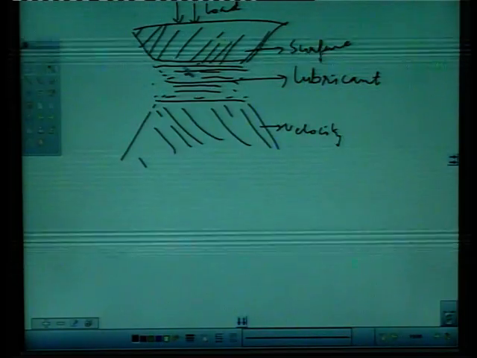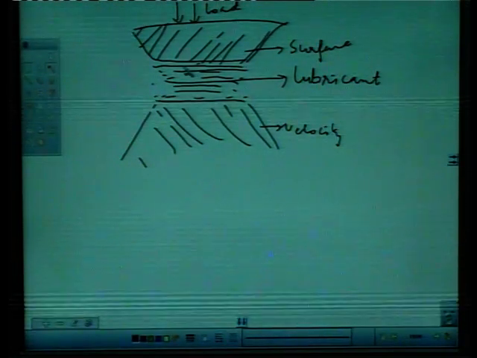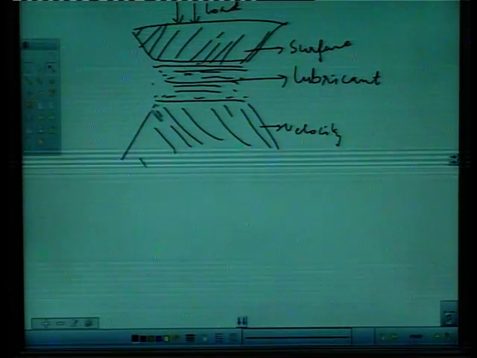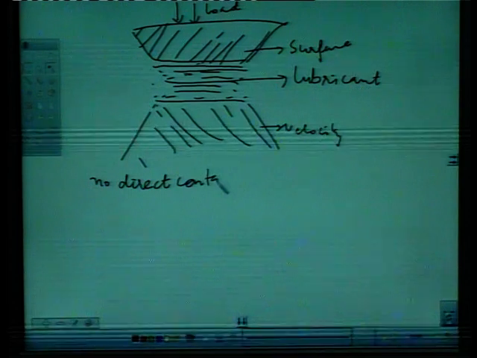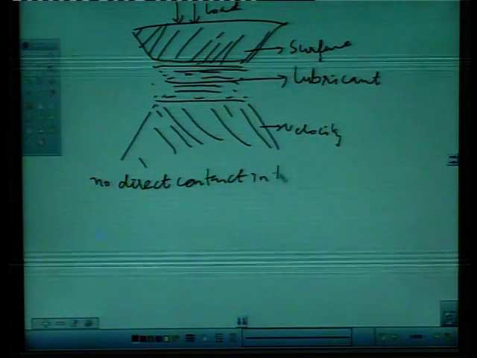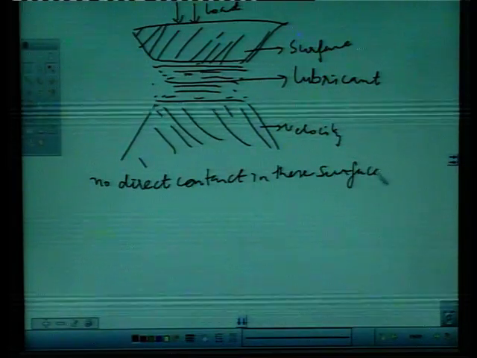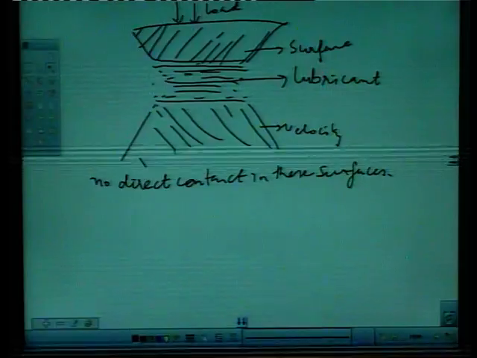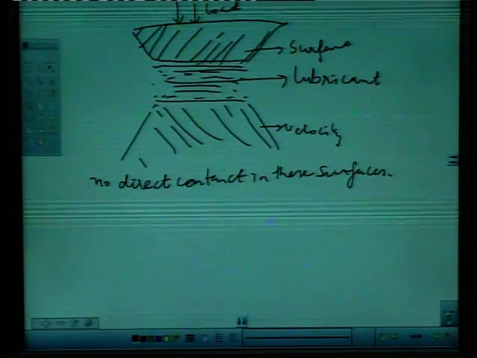There is no direct contact between the surfaces, so they move on the layer of lubricant.